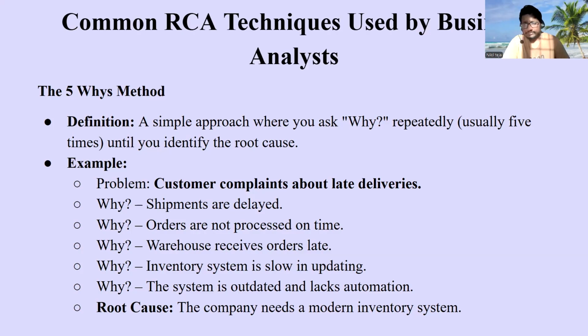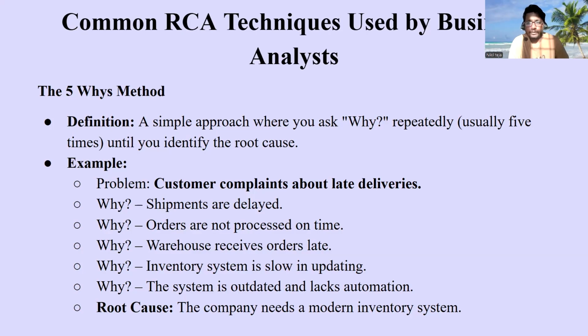Because it is an old inventory system and the company needs a modern inventory system. So you will use the five whys method not to tackle the symptoms, but to identify the problem and prevent it forever, instead of treating the symptoms, you can directly prevent the underlying problem.